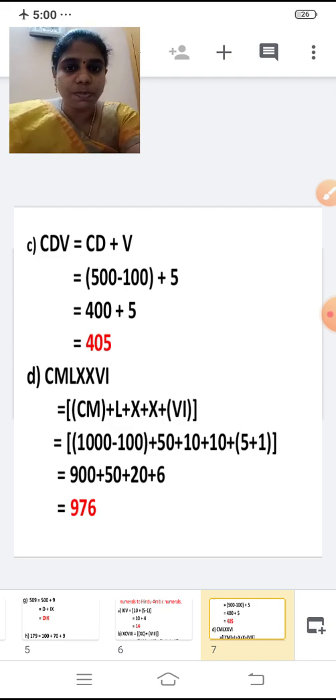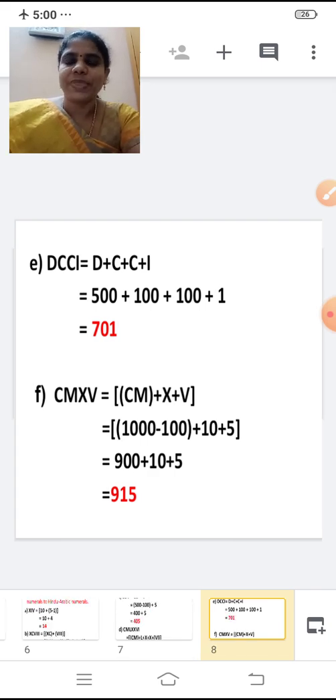If the smaller one is placed after the larger one, you can add that directly. So 5 plus 1, 900 plus 50 plus 20 plus 6. So 976. Shall we move on to the next one? Copy, children, till this.